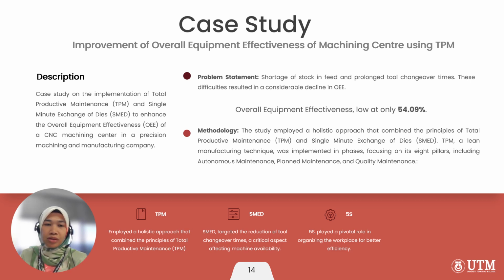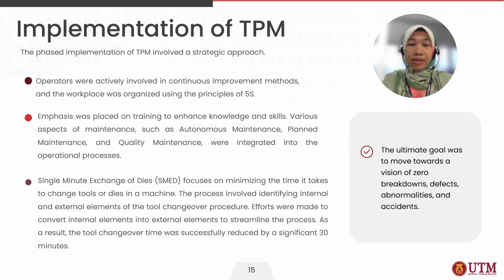Additionally, the foundation of TPM, known as 5S, played a pivotal role in organizing the workplace for better efficiency. SMED, on the other hand, targeted the reduction of tool changeover times, which is a critical aspect affecting the machine availability.